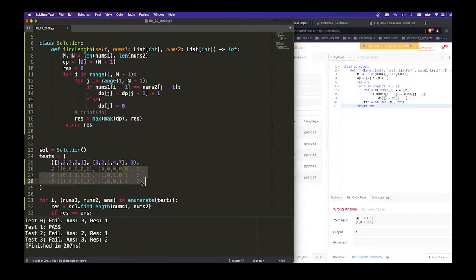Let me think again. What we're trying to do is saying from I to j, in this range, what's the maximum ending this? So if these two are the same, then we go the one previous plus 1. It makes sense. Oh, I think I know. We're supposed to go backwards.